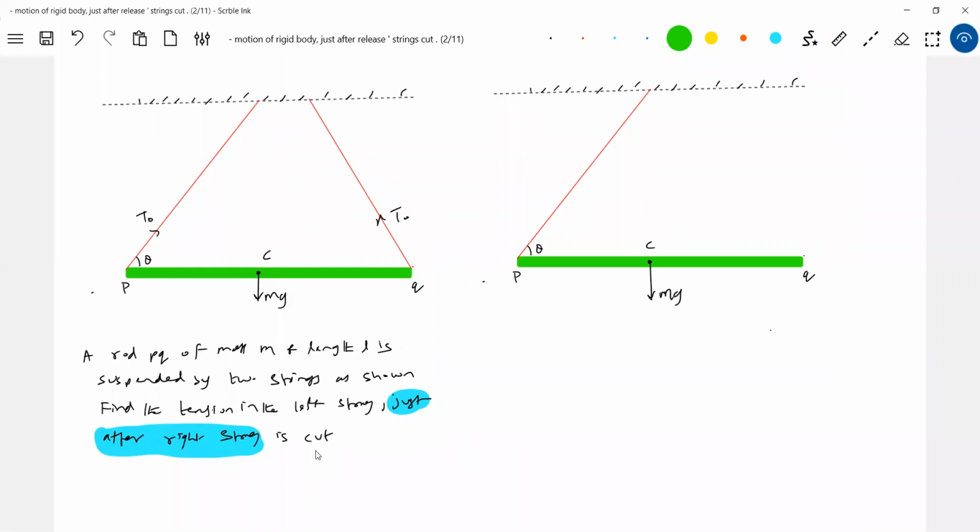Because of the weight acting, the rod wants to move vertically down. Then the tension changes from T naught to some other value. Let it be, say, T. Then the center of mass will accelerate. So at that instant, translative motion.